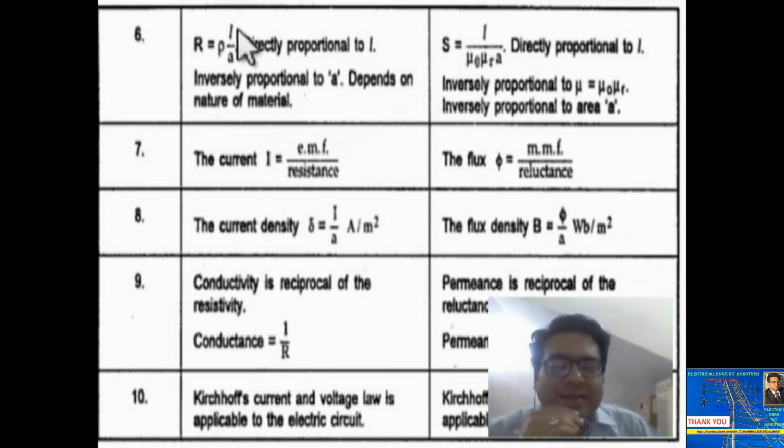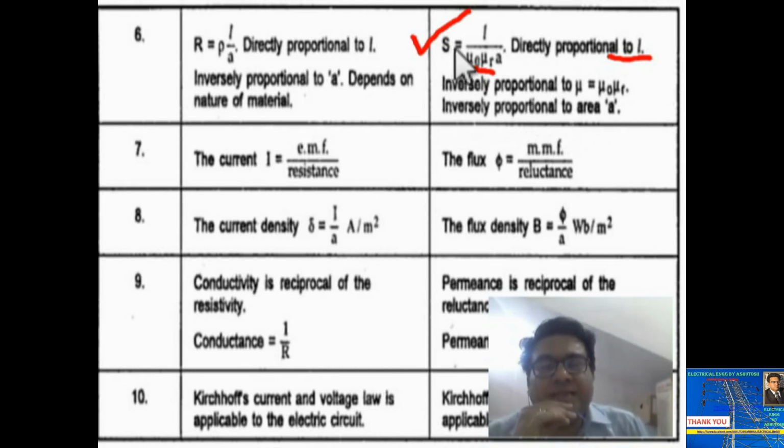So you always write the formula for resistance R equal to rho L upon A in an electric circuit, whereas in a magnetic circuit the formula for reluctance is L upon mu 0 mu R into A. Reluctance S is directly proportional to the length of the iron core, in centimeters or meters, and inversely proportional to mu, which is mu 0 into mu R, and also inversely proportional to the cross-sectional area of the iron core. So S equals L upon mu 0 mu R into A.